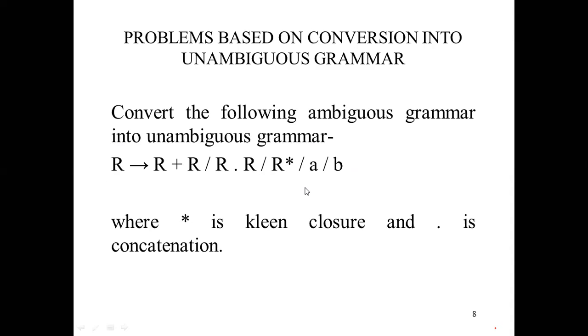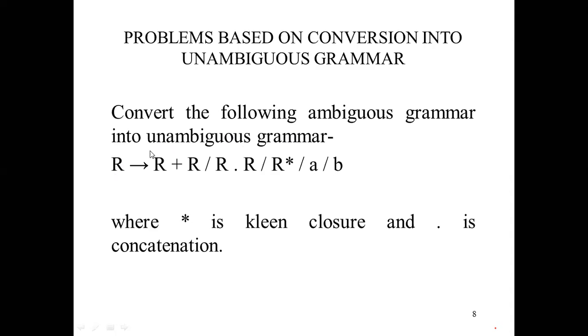Suppose as an input string, we want to develop the input string whatever is provided in the problem. We are unable to get the same string with this grammar, or it may be possible we are getting two parse trees by using this grammar. So this is called an ambiguous grammar.